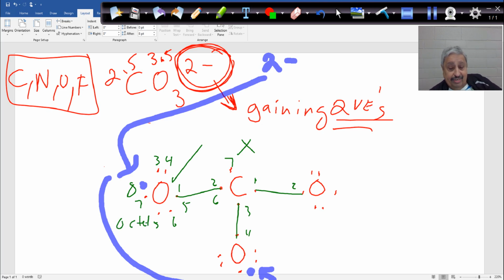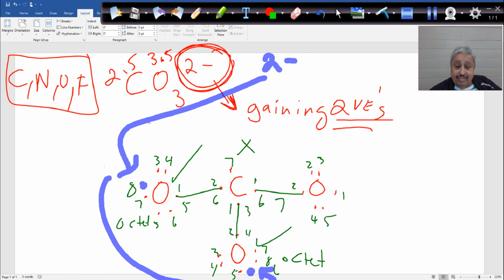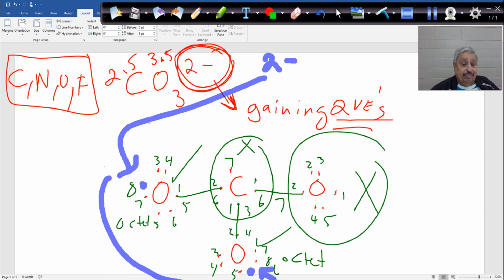How about this oxygen? 1, 2, 3, 4, 5, 6, 7, 8. This one is good too. Octet. How about this one here? 1, 2, 3, 4, 5, 6, 7. This is not good. So this oxygen here and the carbon have a problem.